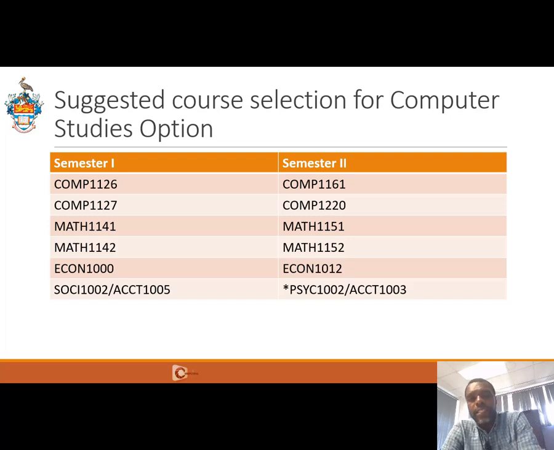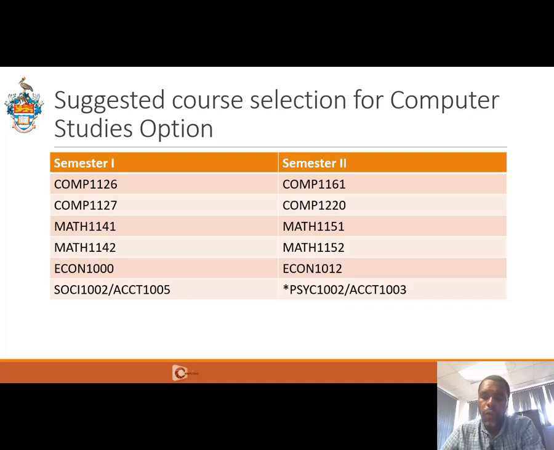And in semester 2, you should register for Comp 1161, Comp 1220, Math 1151, Math 1152, Econ 1012, and then you can register for Psychology 1002 or Accounts 1000.